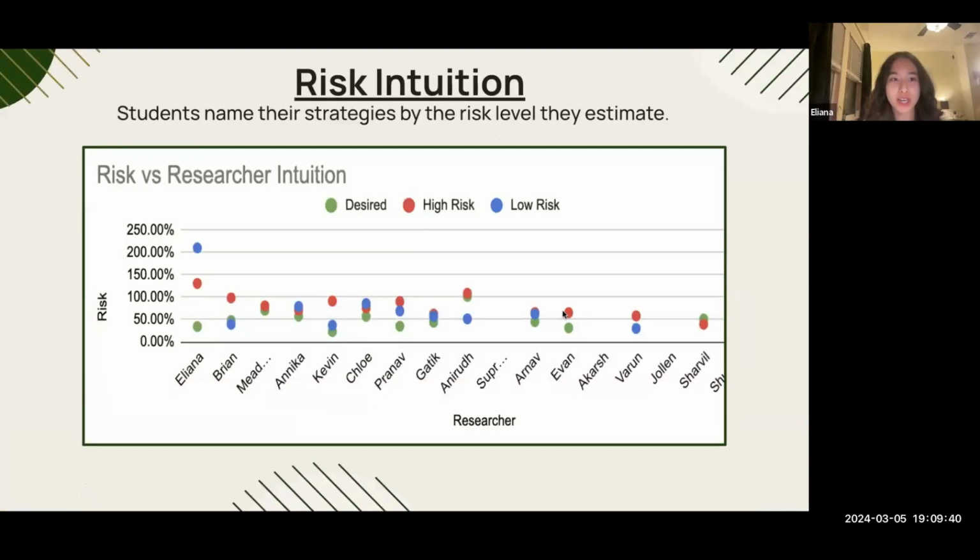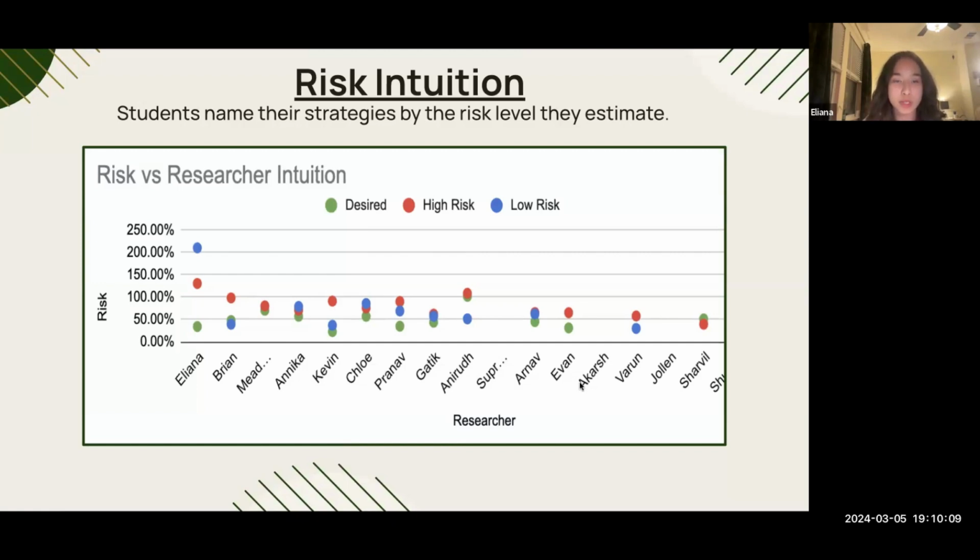Next, our project analyzed student stock risk intuition. We are answering this question: what risks do our researchers estimate to seek the best strategy to find their treasure island? We had students name their investment strategies by the risk levels they had estimated. Low-risk investments are defined by lower potential for significant fluctuations in value and a higher likelihood of preserving capital.